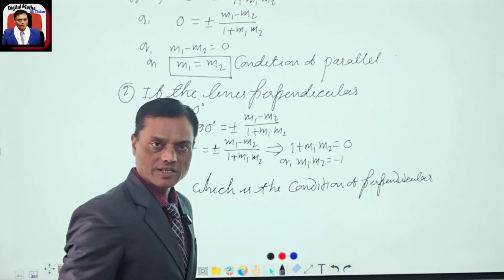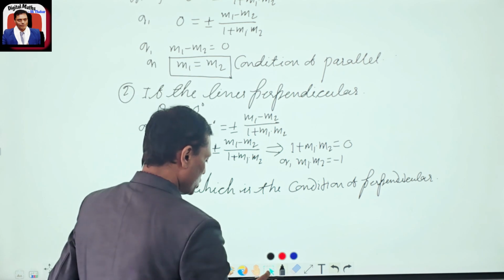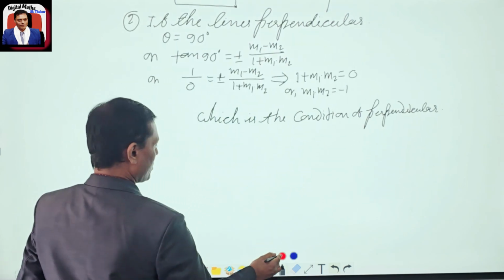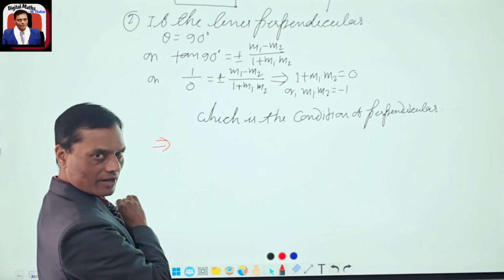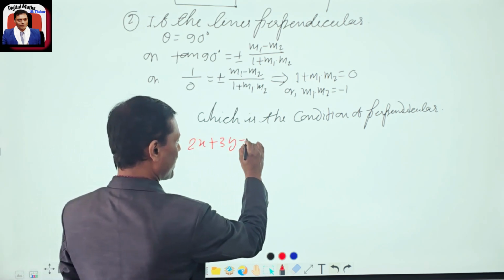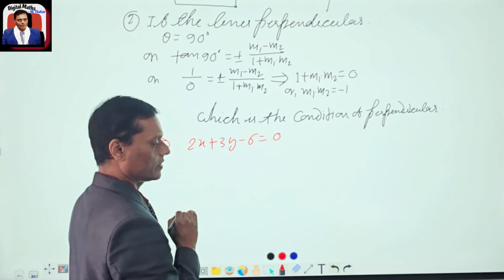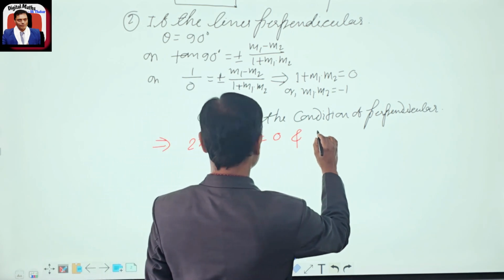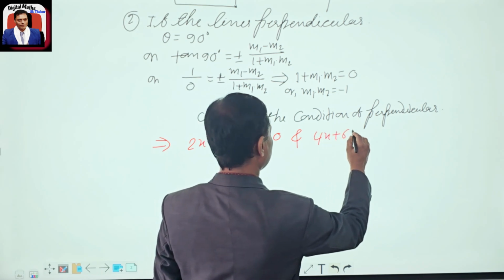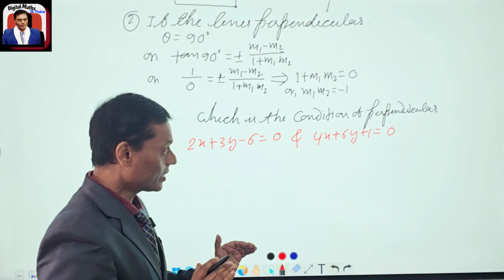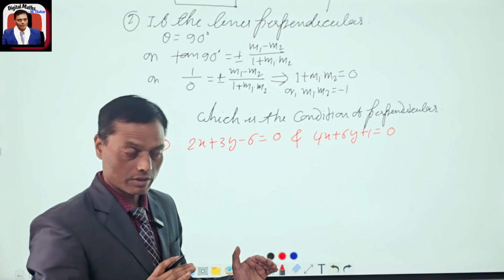Now I'm going to give you some examples. Here we have the lines 2x plus 3y minus 6 equals 0, that's the first line, and the second line is 4x plus 6y plus 1 equals 0. We are going to check whether the lines are parallel or perpendicular.